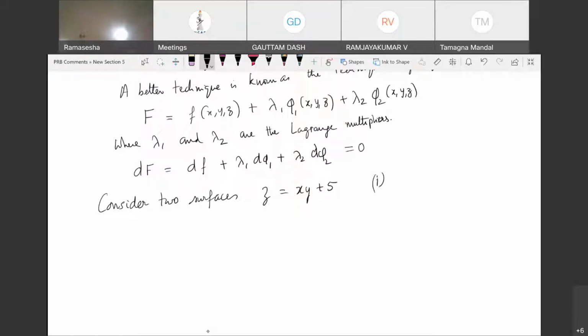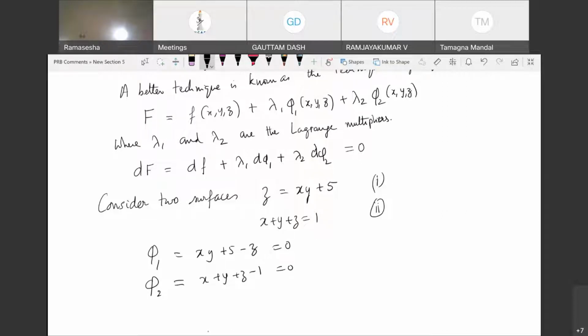And a second surface, which is x plus y plus z equal to 1. So this is the second surface. So p1 in this case would be x plus y minus z equal to 0, and p2 is equal to x plus y plus z minus 1 equal to 0. So these are the two surfaces that I have.